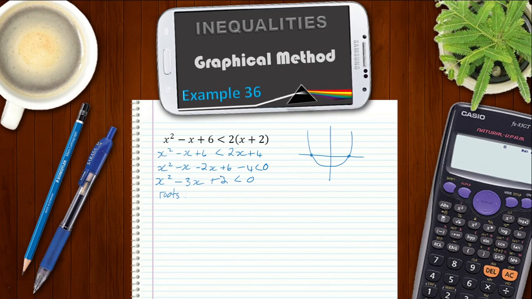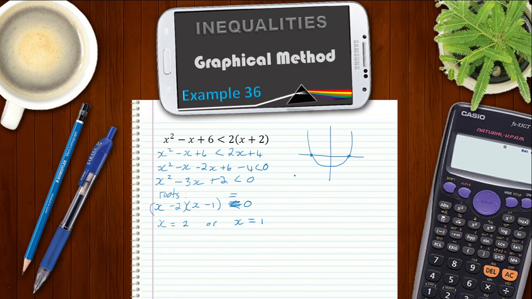So first thing we do is we factorize it: x minus 2 and x minus 1, just taking the factors of 2 that give minus 3. This is basic grade 9 work. Then our roots equal to 0, because this is just solving for the equation, so x is equal to 2 or x is equal to 1.